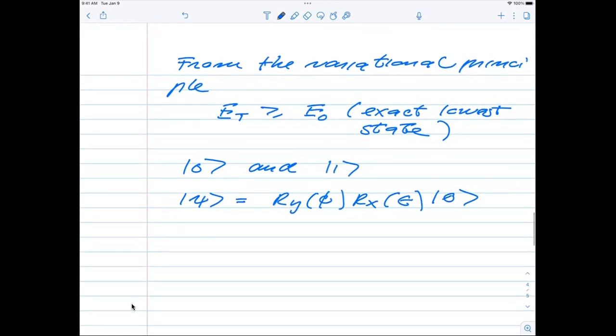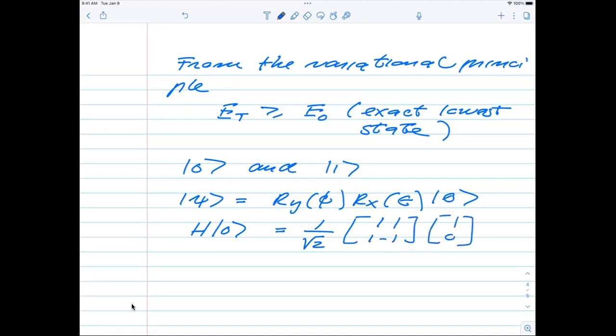Now, if you remember the action of the Hadamard matrix on the state 0, this is the same as taking 1 over square root of 2 times the matrix 1, 1, 1, minus 1, multiplied with the state (1, 0).